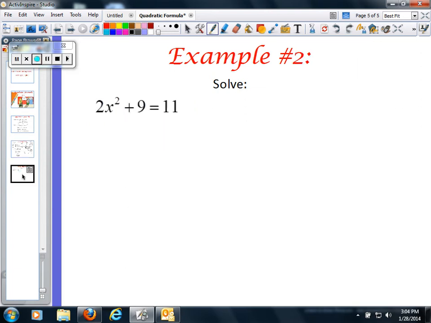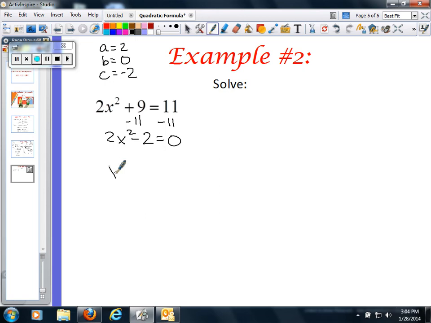Okay? So let's go ahead and go to example number 2. This one is not in quadratic form, so I'm going to subtract 11 from both sides. I get 2x squared minus 2 equals 0. Now I'm going to use A is 2, B is 0, C is negative 2.